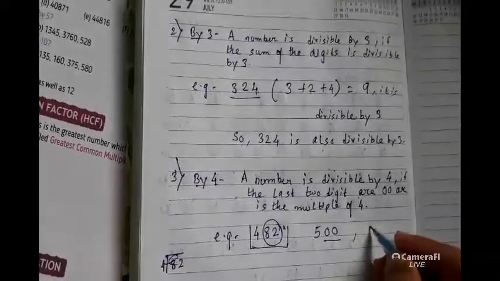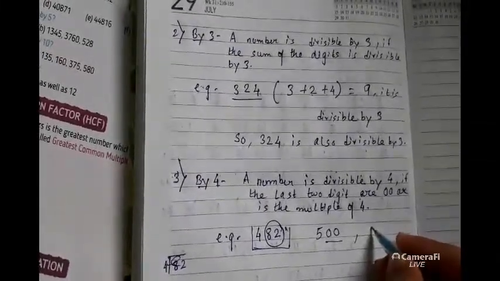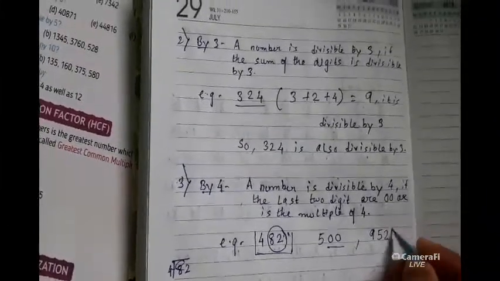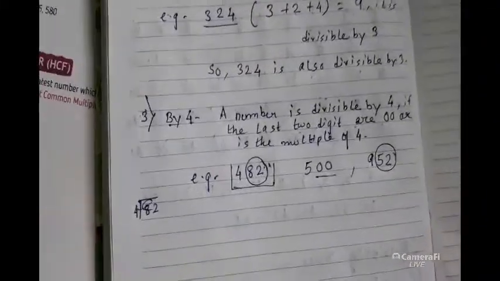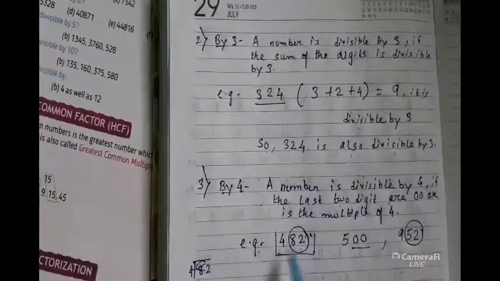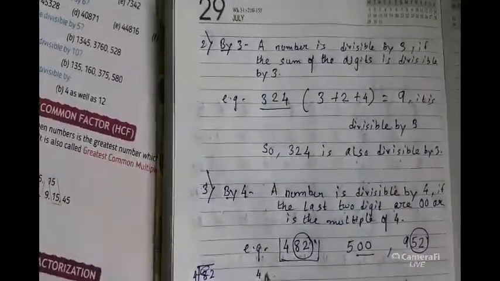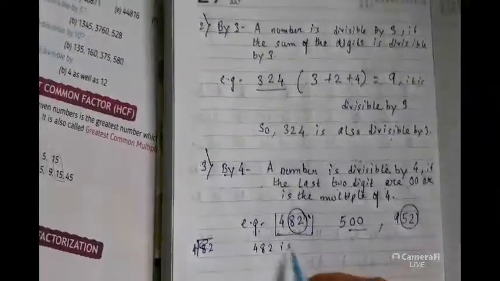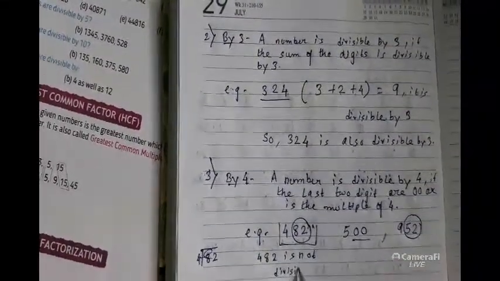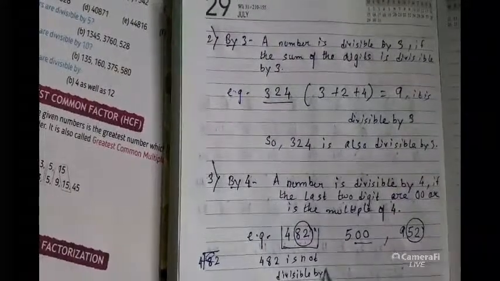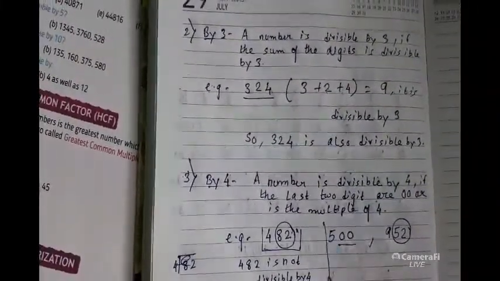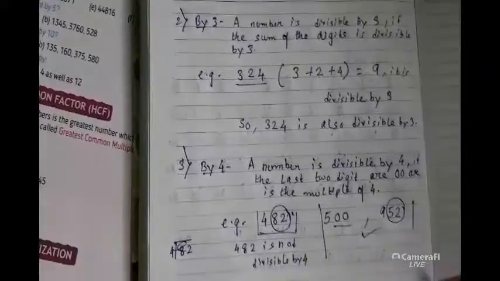If the number is 952, this 52 is divisible by 4, so 952 is also divisible. 482 is not divisible by 4, but it is divisible by 2 as the last digit is even.